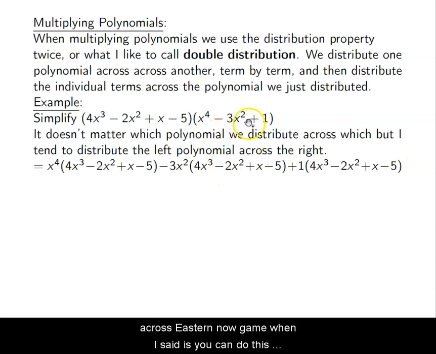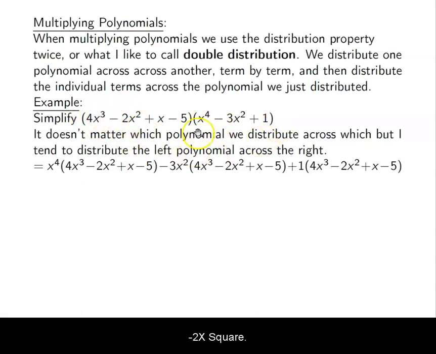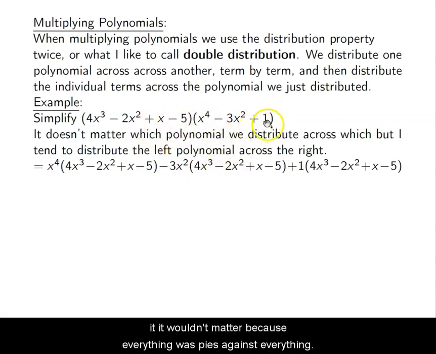Now again, what I said is you can do this the opposite way. I could have written this as 4x cubed times this, minus 2x squared times this, plus x times this, minus 5 times this. It wouldn't matter because everything multiplies against everything.